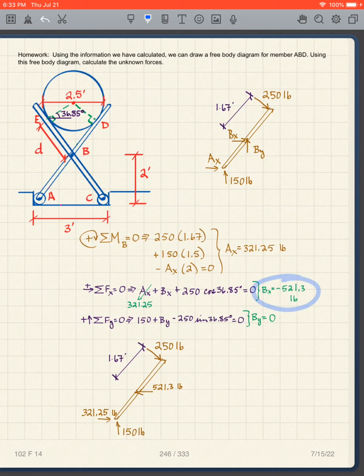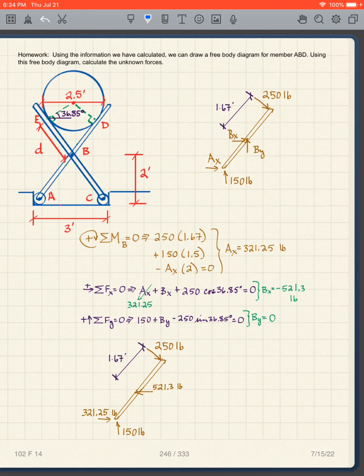And I solve for BX, it's negative 521.3. I take the sum of the forces in the y direction equals 0. And again, I have to use that angle of 36.85. And I use the sine because I'm taking the sum of the forces in the y direction. And I get, interestingly, BY equals 0. So the end result is that my final free body diagram for this member is this right here.